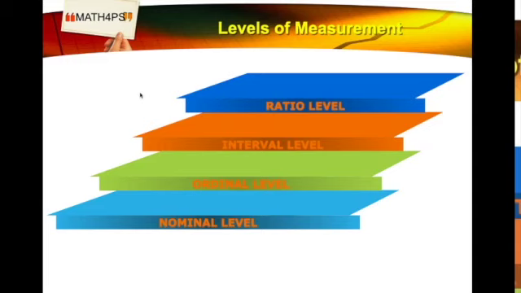But we can interpret it that the IQ score of one person is higher by 60 units than the other person. So if we put the values assigned in the interval level into ratios or fractions, it has no sense. Now we go up to the highest level, which is the ratio level.